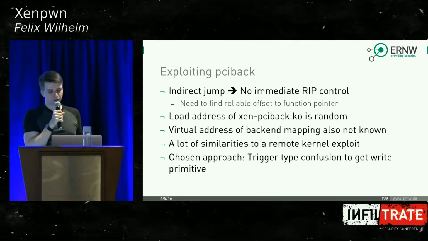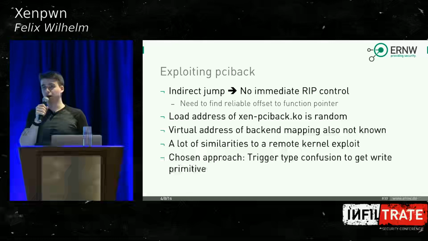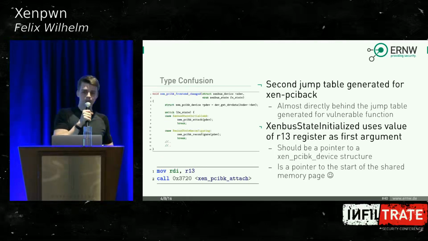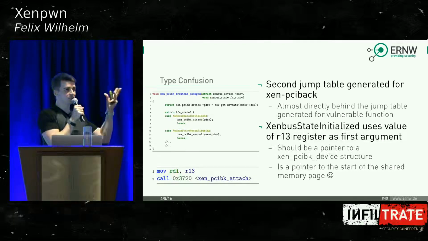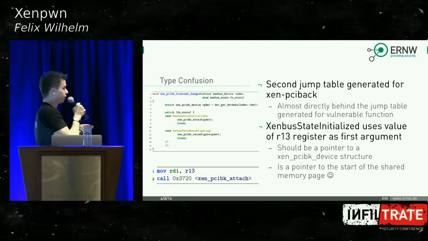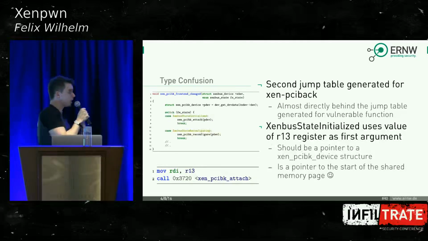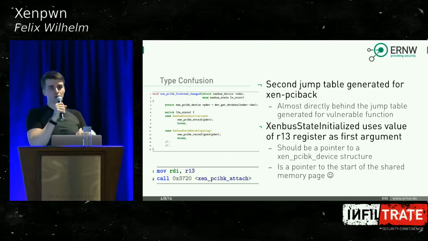My approach to exploit this is to trigger a type confusion, then we get a write primitive out of that, and we use this write primitive to get full code execution. It turns out there's a second jump table generated inside the PCI back module for the send PCI back front end changed function, and it's almost directly behind the jump table that was generated for our vulnerable function.